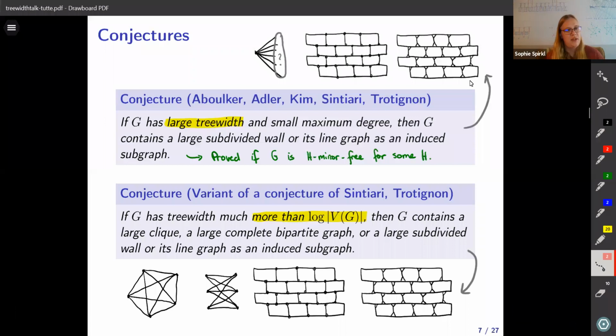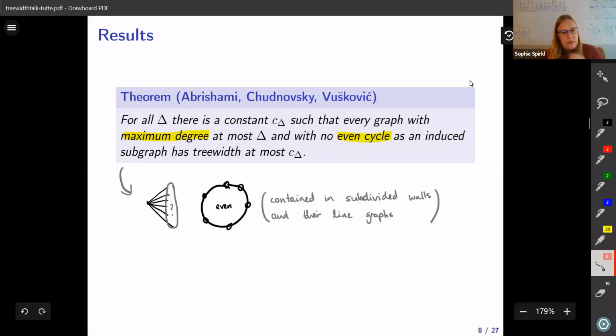And so I'll tell you some things that are known towards both of these. First, and just feel free to ignore the words and look at the picture. If we bound maximum degree by a constant, and if we exclude even induced cycles, then tree width is bounded by a constant.